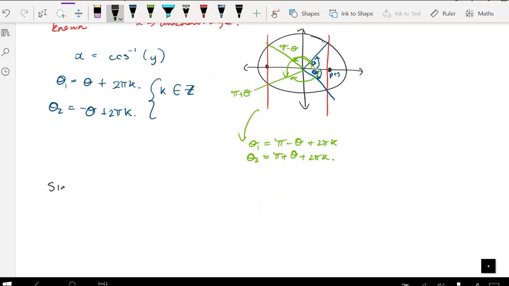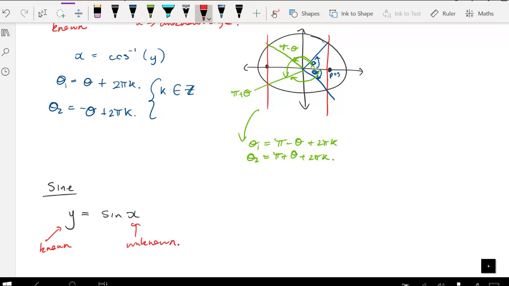When we look at sine functions, we'll start with y is equal to sine x, where again this is known and this is unknown, and we're trying to solve for that.